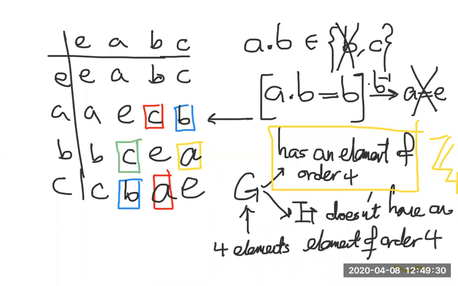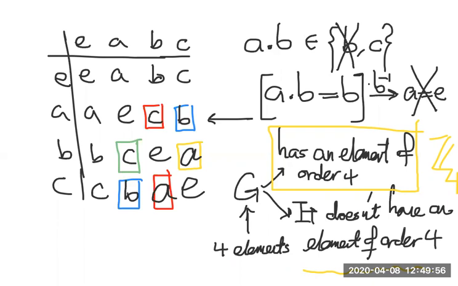And as soon as we assume G doesn't have any element of order 4, again, everything is fixed. So there is just one group with 4 elements such that it doesn't have any element of order 4.